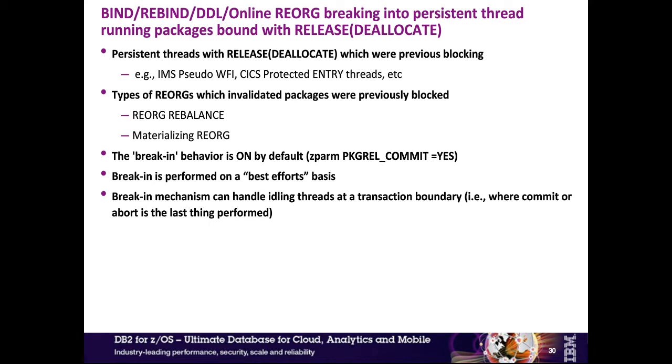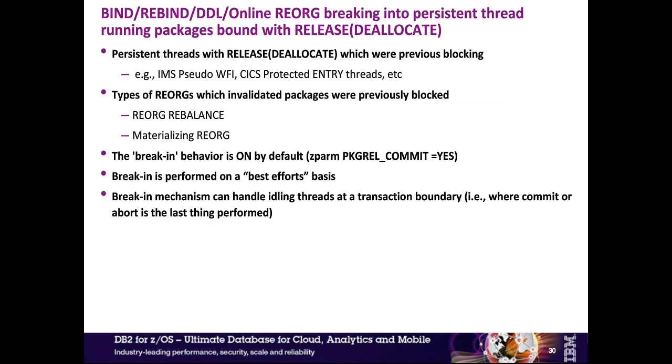But the difference is, in version 10, we allow these pending alterations. And some of these pending alterations, which are materialized with the online reorg, require the packages to be invalidated. And it's those types of online reorg which result ultimately in packages being invalidated that will not work under version 10.